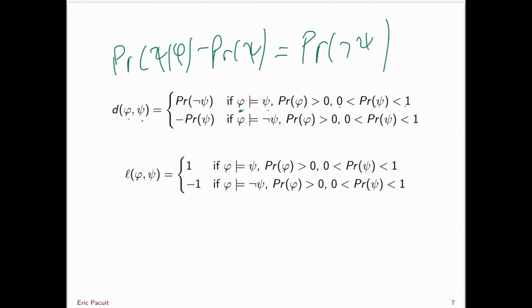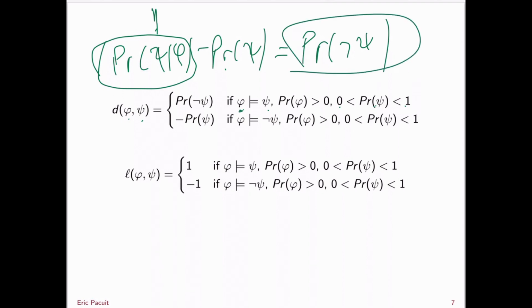And why is that? Well, if phi implies psi is deductively valid, then every row in the truth table in which phi is true, psi must also be true. So that means the conditional probability, the probability of psi given phi, must be 1. So this difference is 1 minus the probability of psi, which is the probability of not psi.